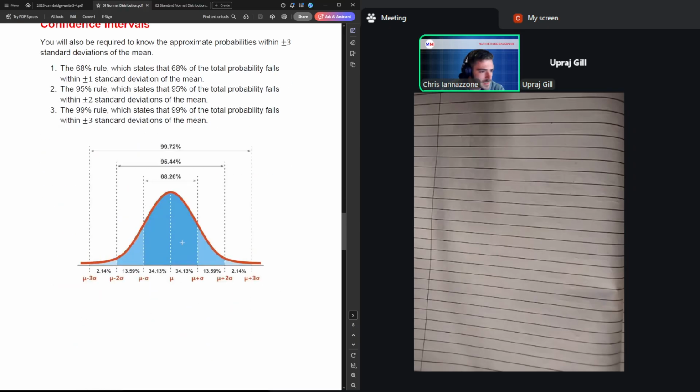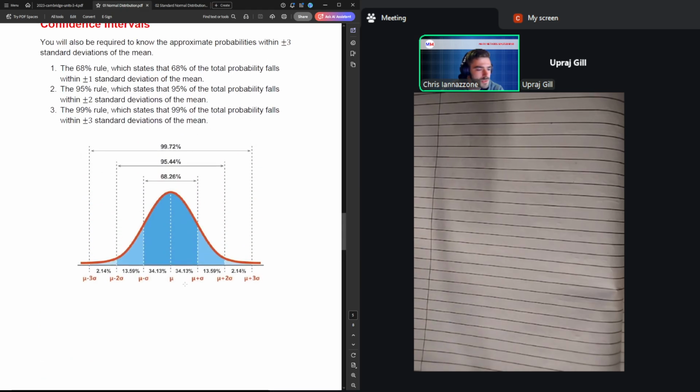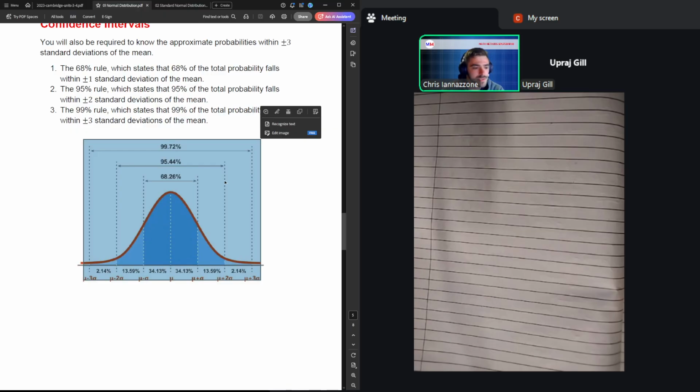The tech-free version, they'll still give you the mean and standard deviation, but you now have to use the approximate probabilities. So what we typically understand from the normal distribution is these three key domains of probability.